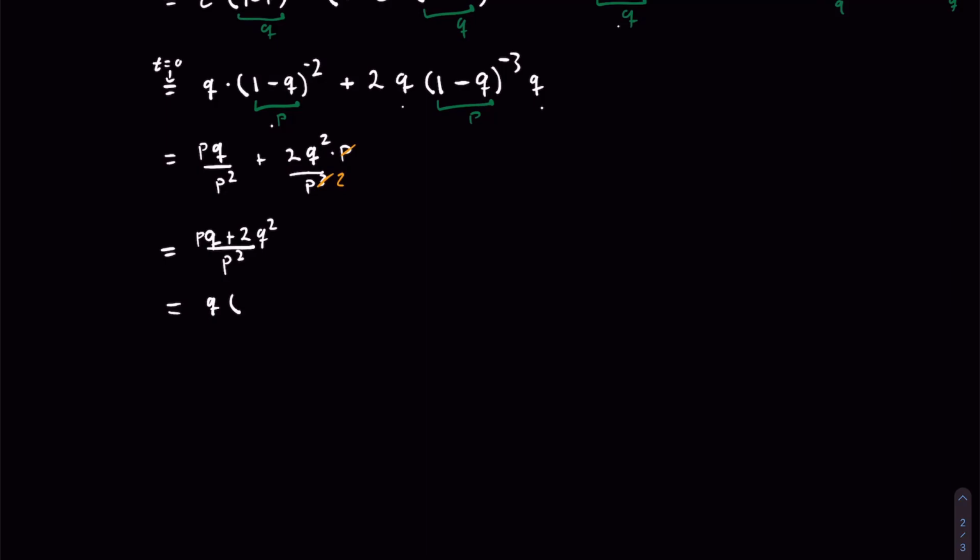This is just to make it a little simpler. I mean, we could already stop here because we are almost there. We would just need a little bit more simplification to make it easier to read. So we're taking out a q, and we're left with p plus 2q, and that's all divided by p to the t.